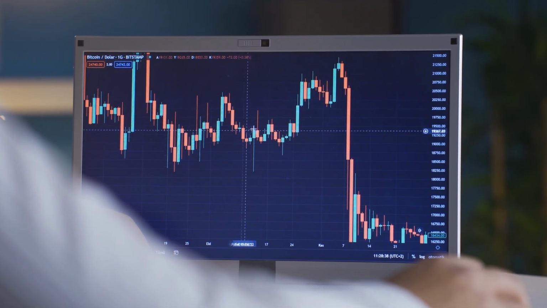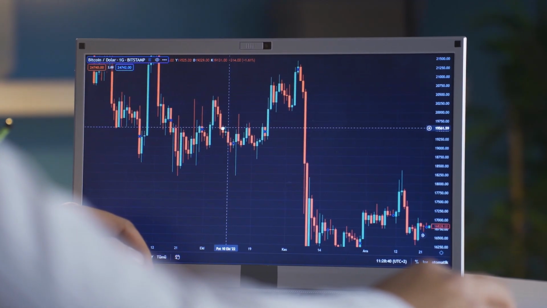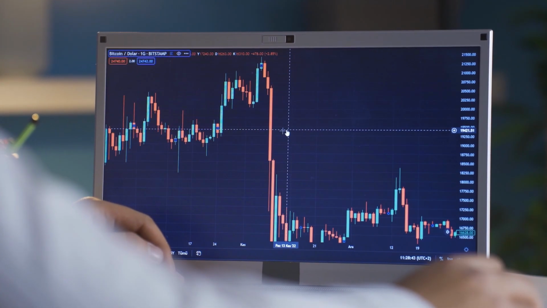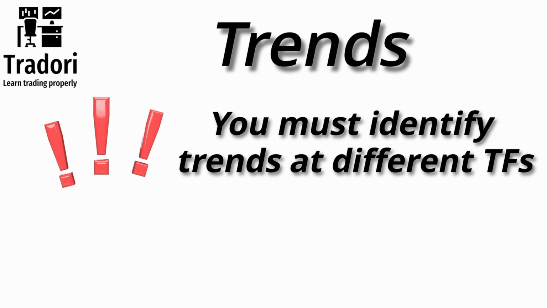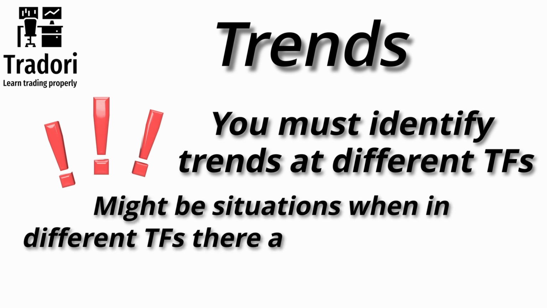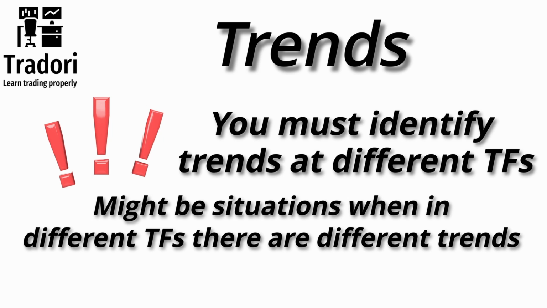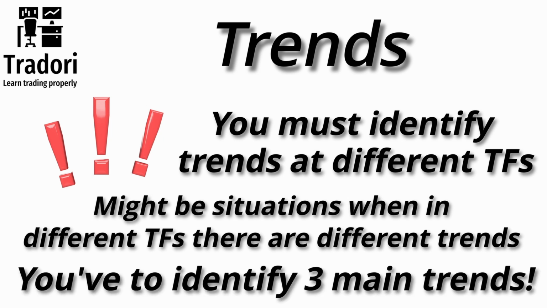Identifying trends based on price action is not that difficult, but sometimes there can be some uncertainty. So it is extremely important to identify trends at different time frames. There might be situations when different time frames show different trends at some point. So you have to make your trading decisions based on different criteria.